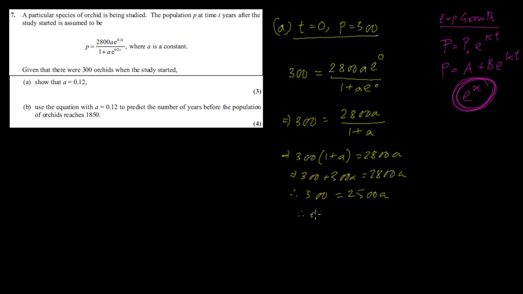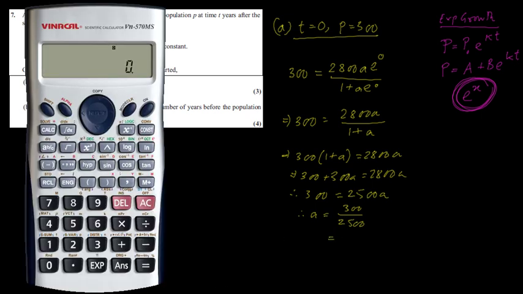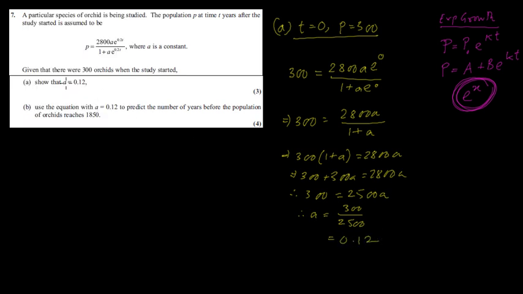So therefore a equals to, if I send this to the other side, 300 divided by 2500, and that is going to be 0.12, and that's what they said. Show that a equals to 0.12.